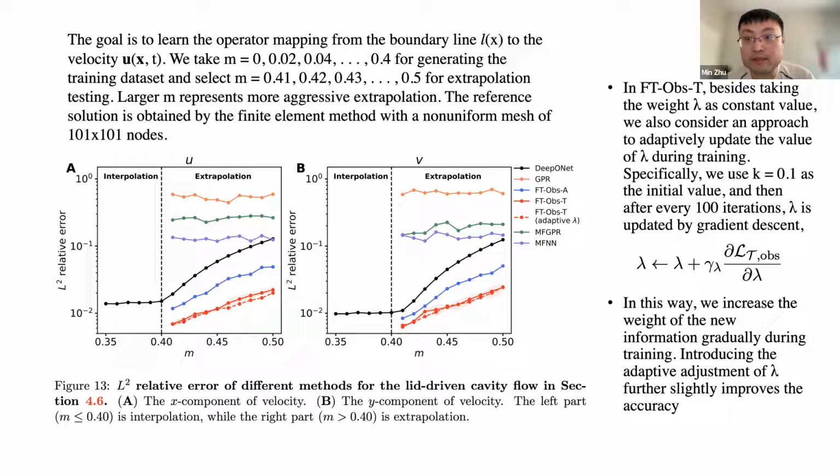And for the prediction of the horizontal velocity U, the baseline model GPR has the largest L2 relative errors, and the multi-fidelity methods slightly outperform the single fidelity GPR, and the MFN has a better accuracy than MF GPR.